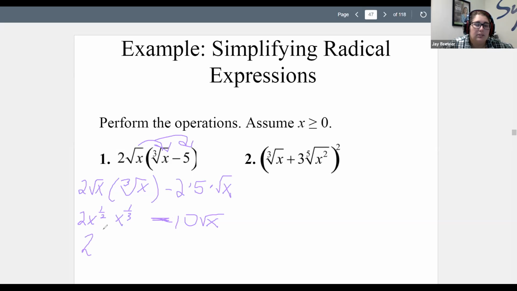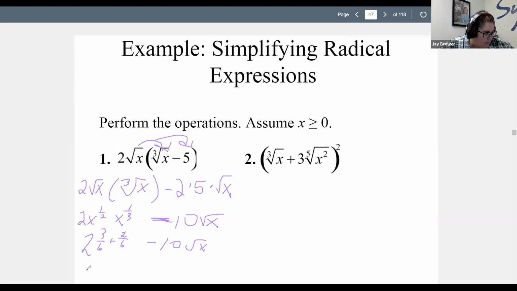I guess LCD. 2 and 3 will give you what? 6. There you go. So 3 over 6 plus 2 over 6 minus 10 square root of x.